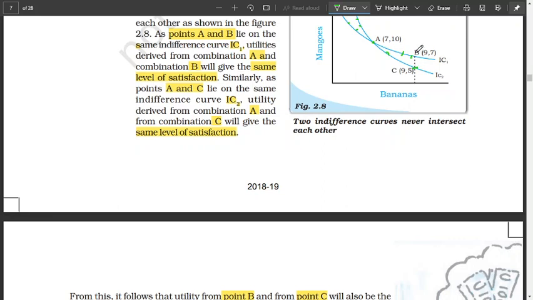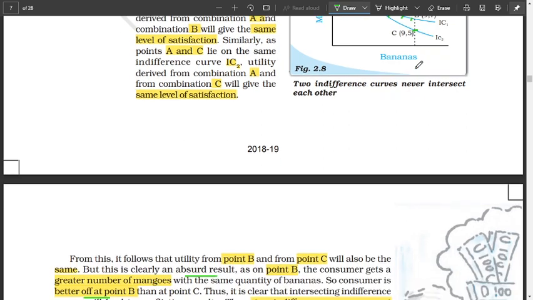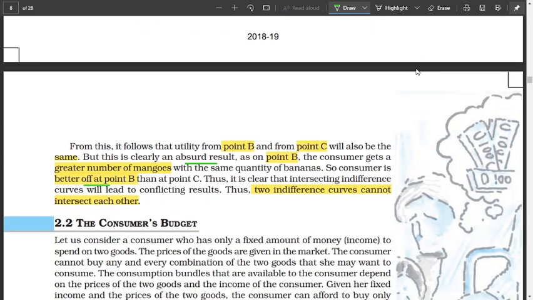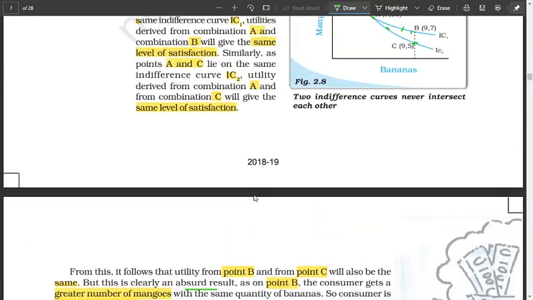But B is more preferable than C. So that's why indifference curves should not cut. If they cut, then it will be conflicting. So the consumer will prefer B over C, even though C is equal to A, and B is equal to A. So it is clear that intersecting indifference curves will lead to conflicting results. That should not be the case. So two indifference curves cannot intersect each other.